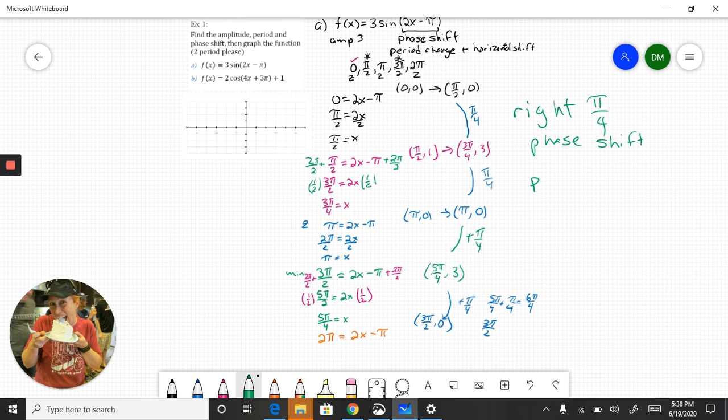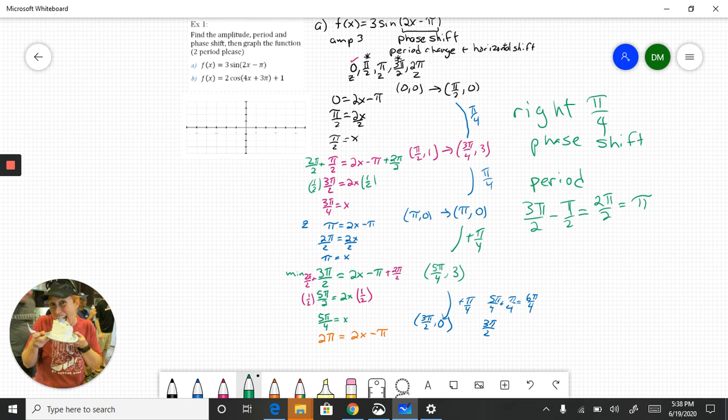The new period. Well, we're starting at pi over 2 and going to 3 pi over 2, so 3 pi over 2 minus pi over 2 is 2 pi over 2, which equals pi. So my period is pi.